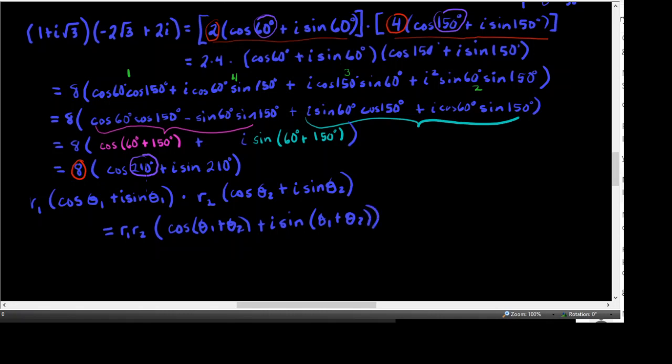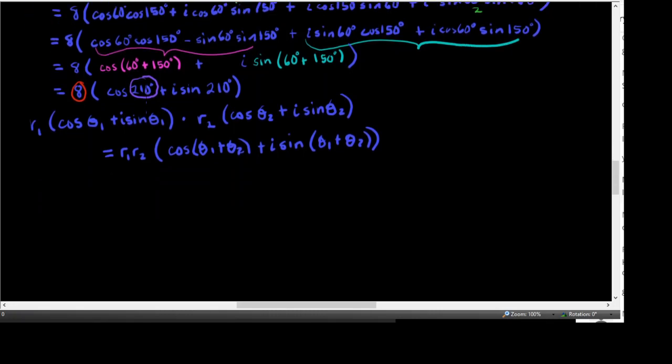Okay, and in compact form, if you prefer, r1 cis theta 1 multiplied by r sub 2 cis theta sub 2 is r sub 1 r sub 2 cis theta 1 plus theta 2.